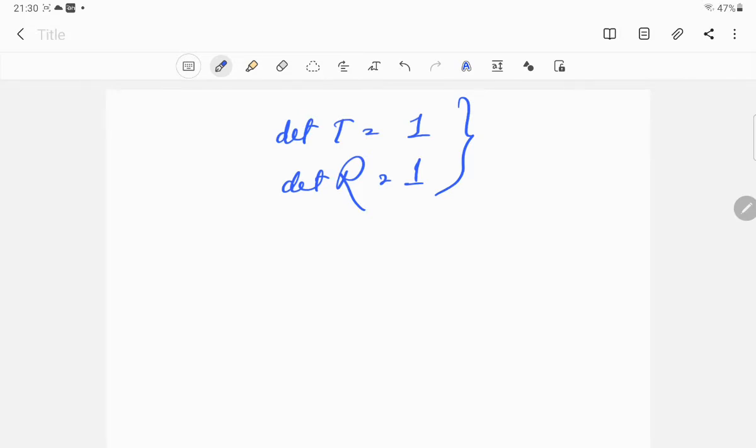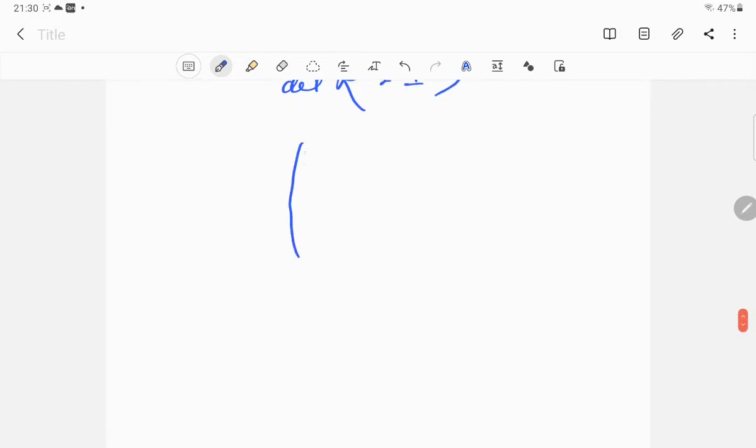Suppose you have a lens like this. If the ray of light is coming like this, passing through it and going out, let me simplify it. Here you have the object and here you have the image.